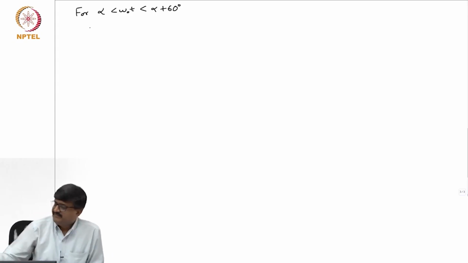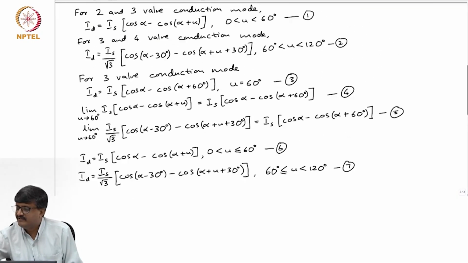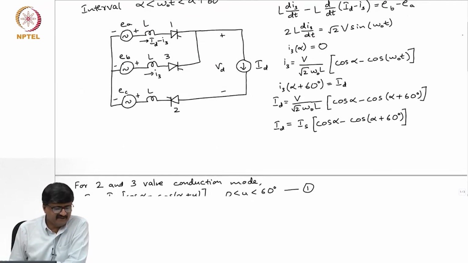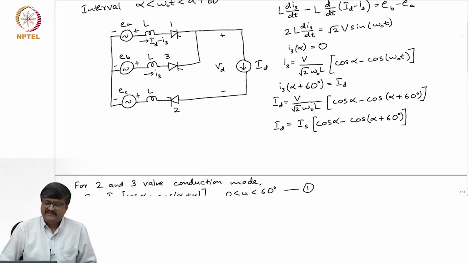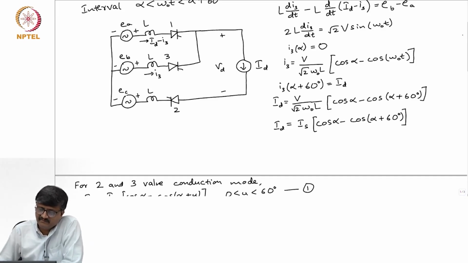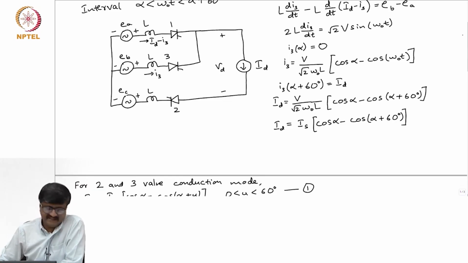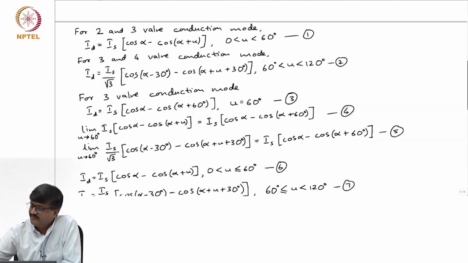From the same circuit diagram, I can get an expression for Vd in terms of Eb, Ec and the drop across the inductance in series with the voltage source Eb. Of course, valves 2 and 3 act as short circuits, and the inductance in series with valve 2 is acting as a short circuit because the current through this inductance is ID, which is constant. So I can get an expression for Vd from this circuit.